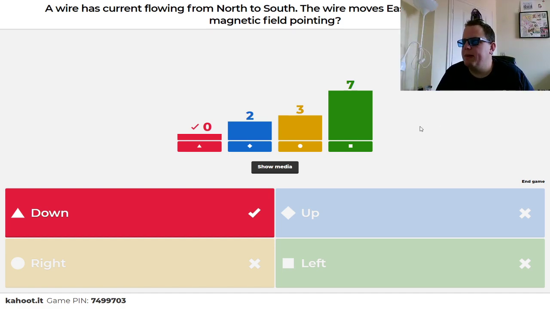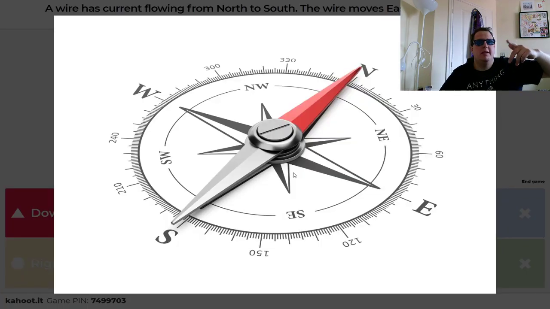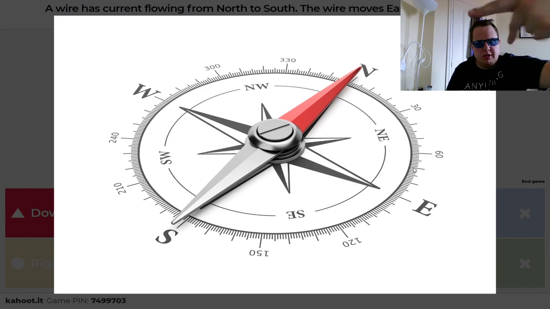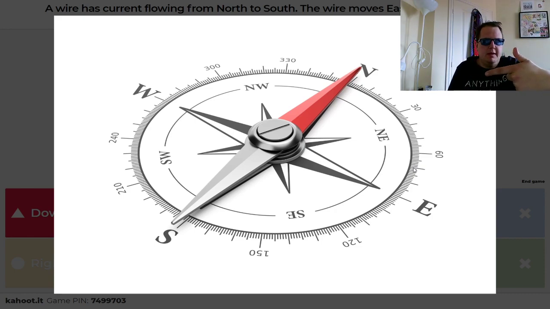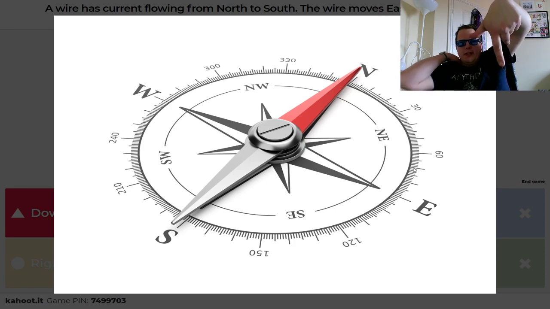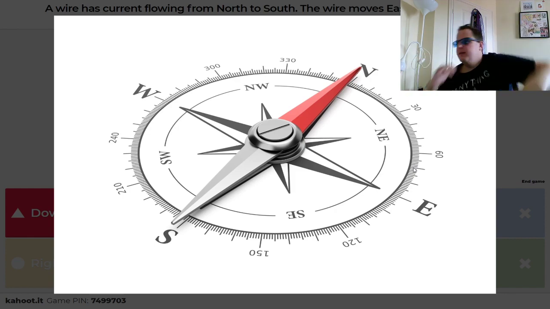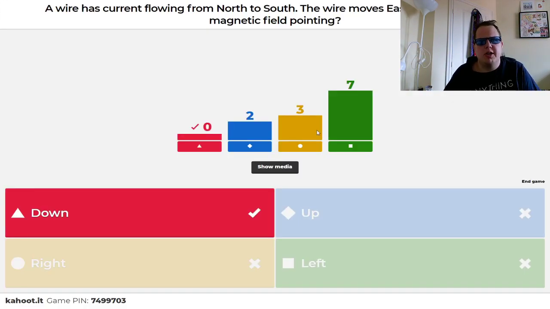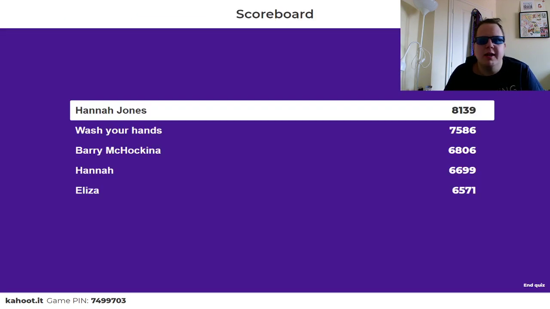Okay, so a lot of people put left. So again, with your hand, so if I bring up the compass just to help this. So the current is flowing from north to south. So your first finger needs to go from north to south. The wire moves east, so the force is east, which means that your index finger is pointing down. Take care of those compass points. Does throw some people when they start to do that.